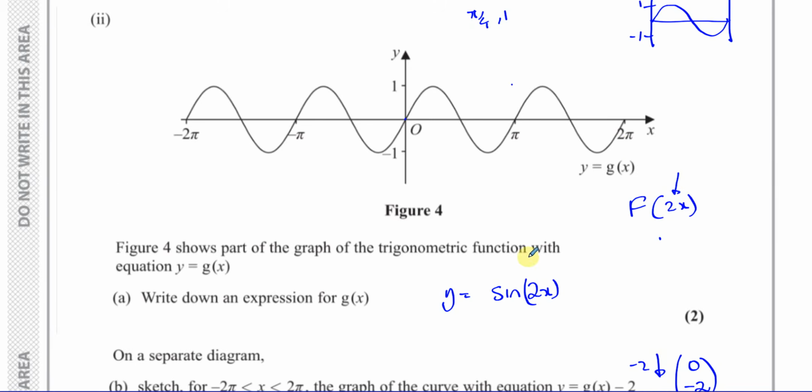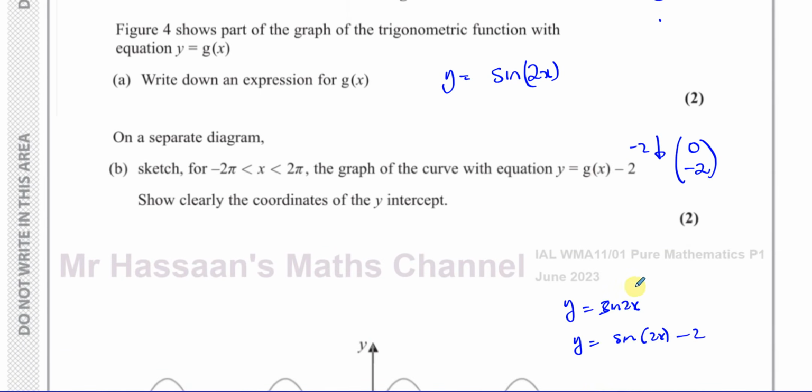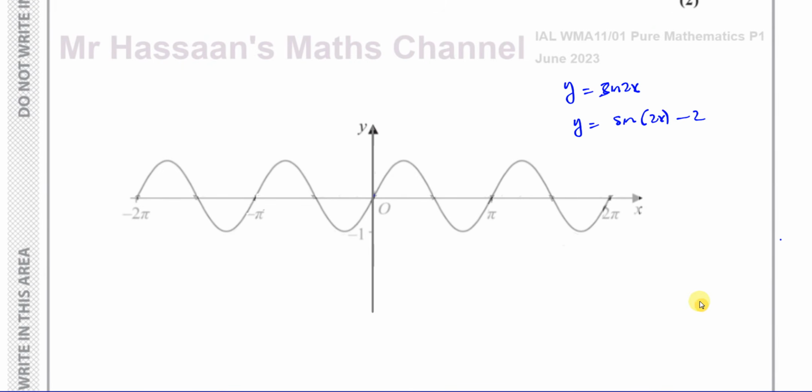This is what this transformation represents, where the whole thing goes down by 2 units.